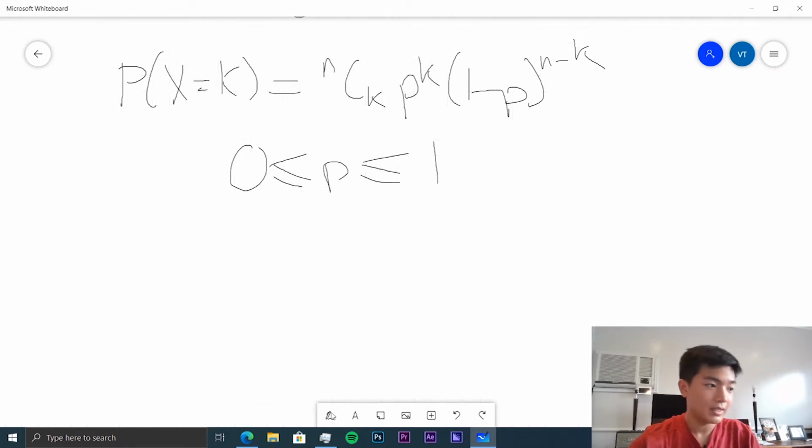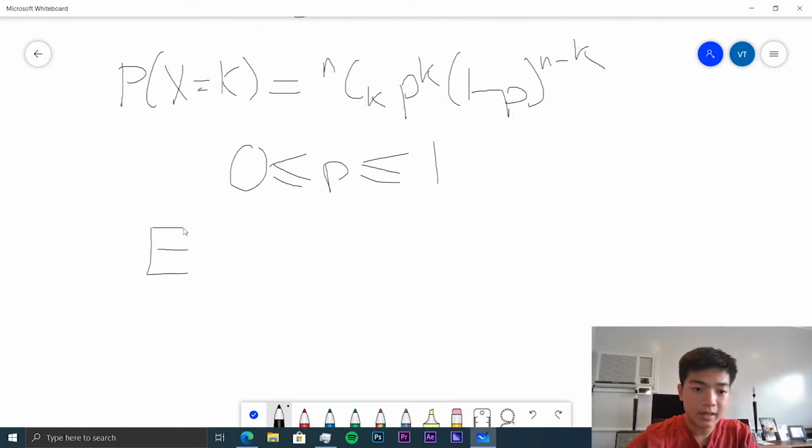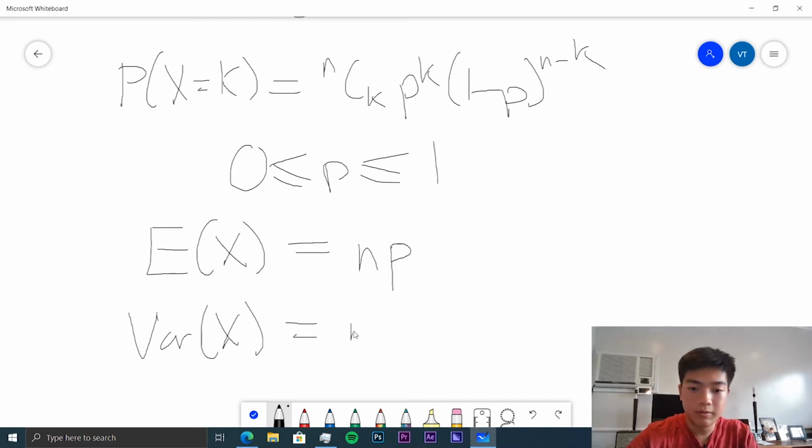For the mean and variance, there are a few very helpful things. The mean of any binomial will be equal to the number of trials times the probability for each trial. And the variance will be equal to the mean times 1 minus p.